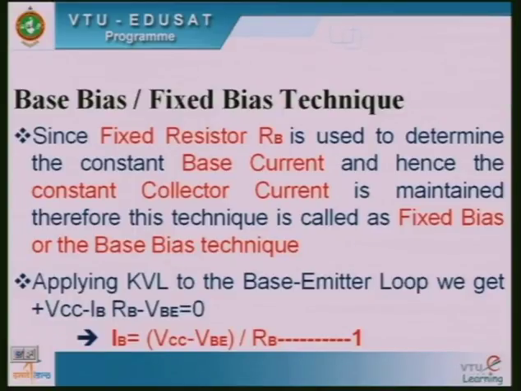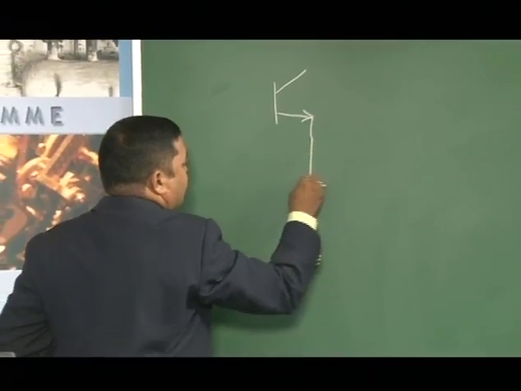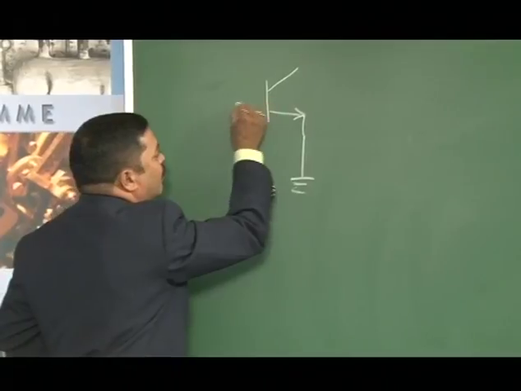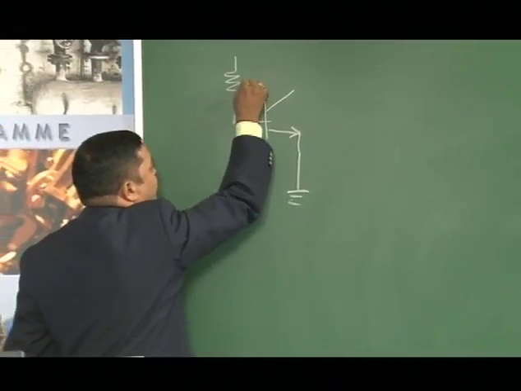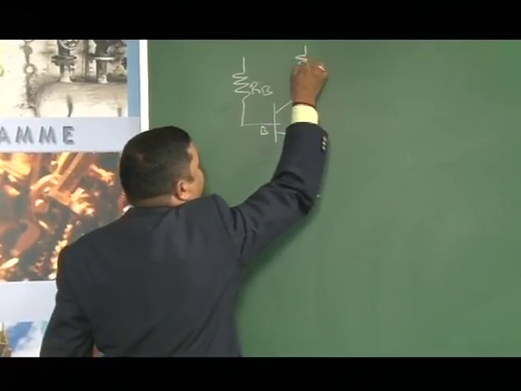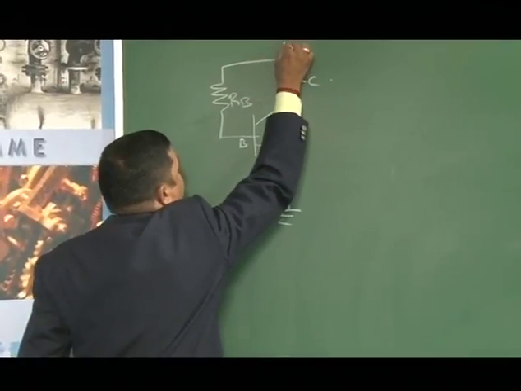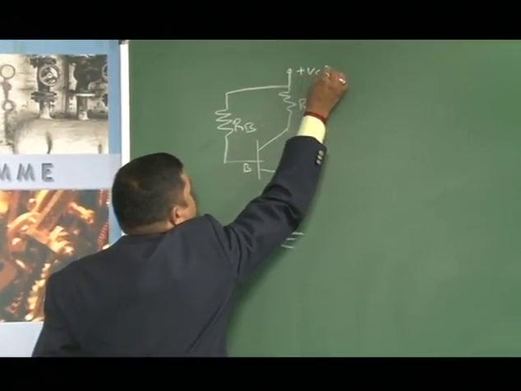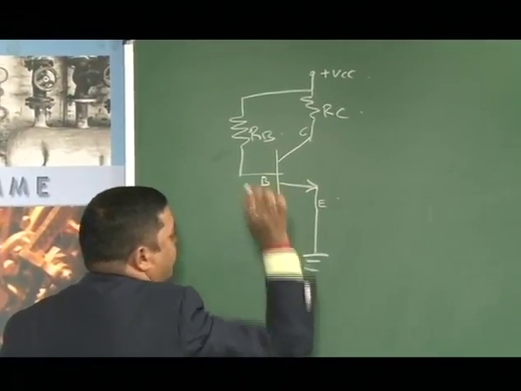So, the circuit is this one, the fixed bias circuit. There is a resistor RB connected between the base and the VCC points. So, this is collector, this is emitter.